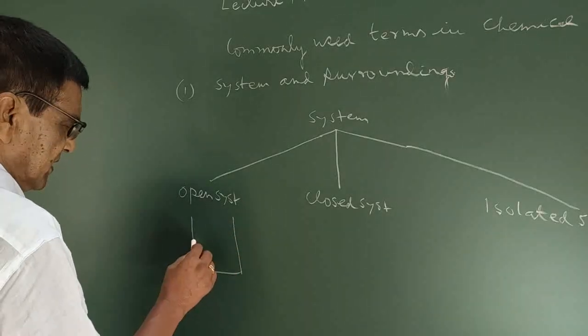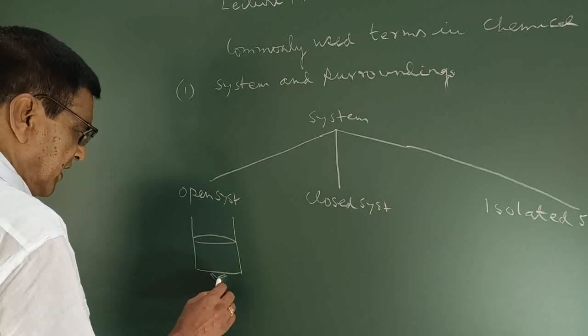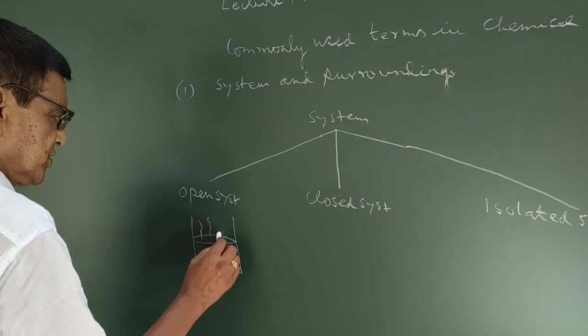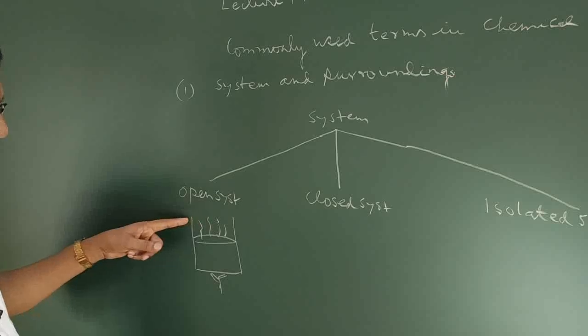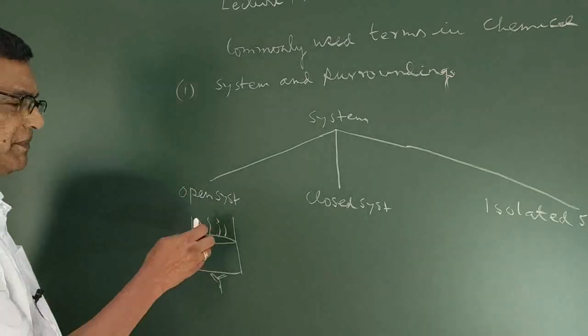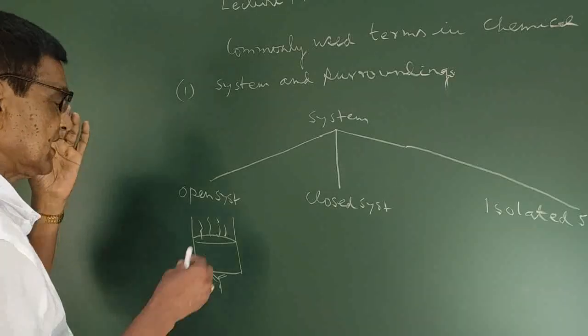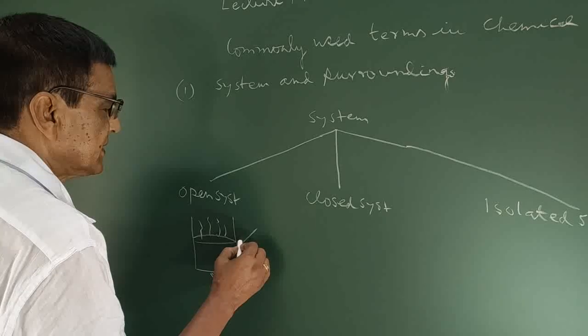Say here is the liquid, and Bunsen burner is applied to heat this one, and it is vaporized. So in this case, this is the imaginary boundary.